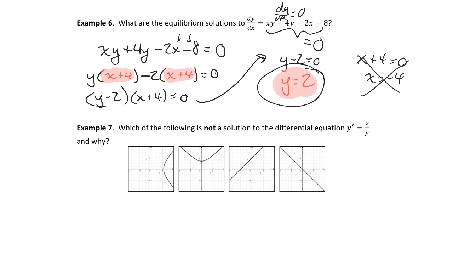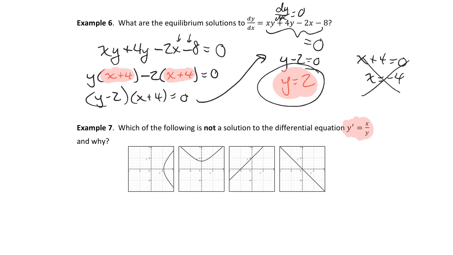One final example. Which of the following graphs cannot be a solution to this differential equation? Y prime equals x divided by y. Well, wait a minute. What is going on here? What do we mean by that? Well, y prime, let's think about that. Y prime is the derivative.